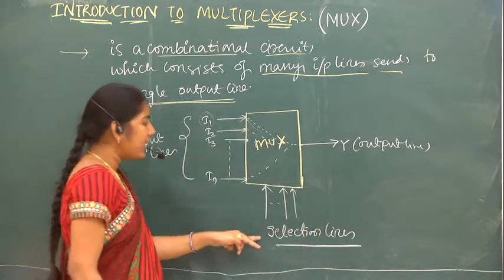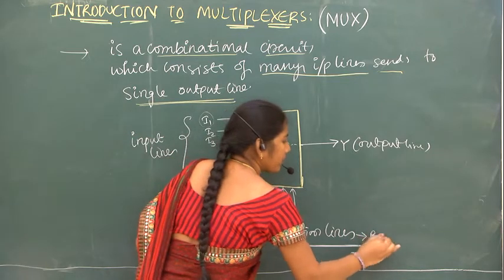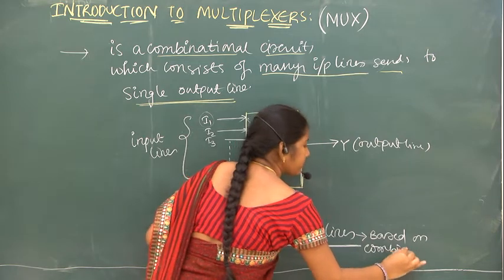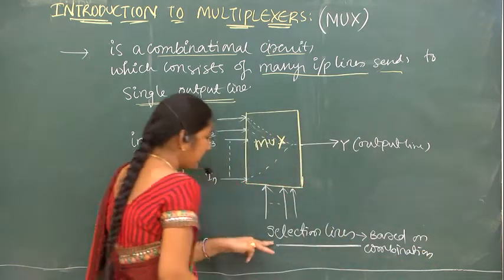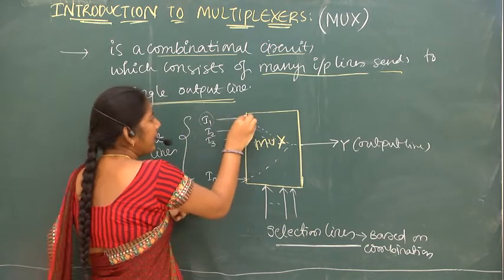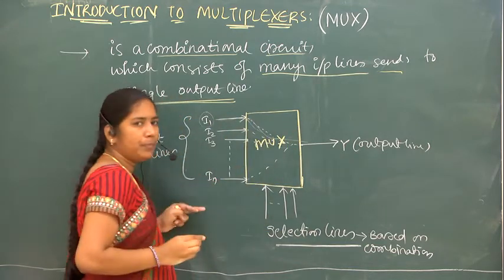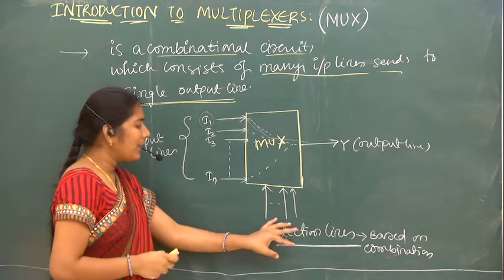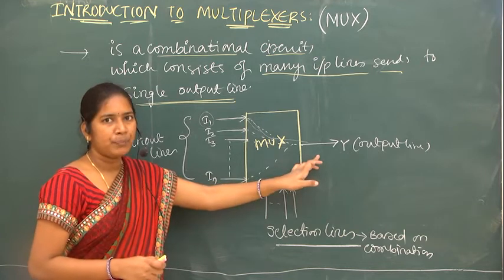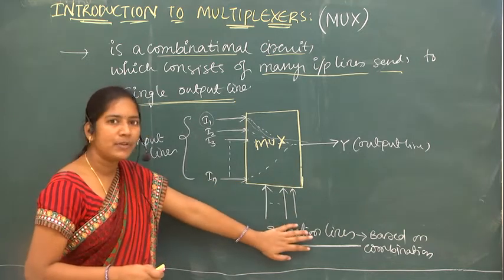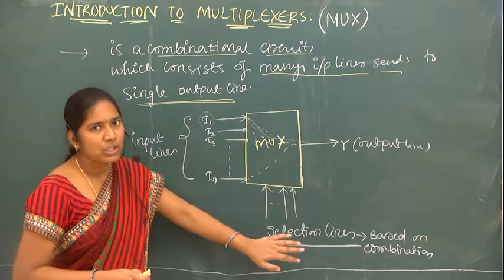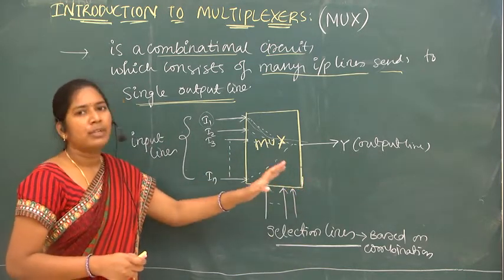Based on the combination of these selection lines, only one input data is transferred to Y. For one particular combination of selection lines, I1 data is transferred. Similarly, for the next combination of selection lines, I2 data will be transferred. Similarly, for the next combination, I3 will be transferred.